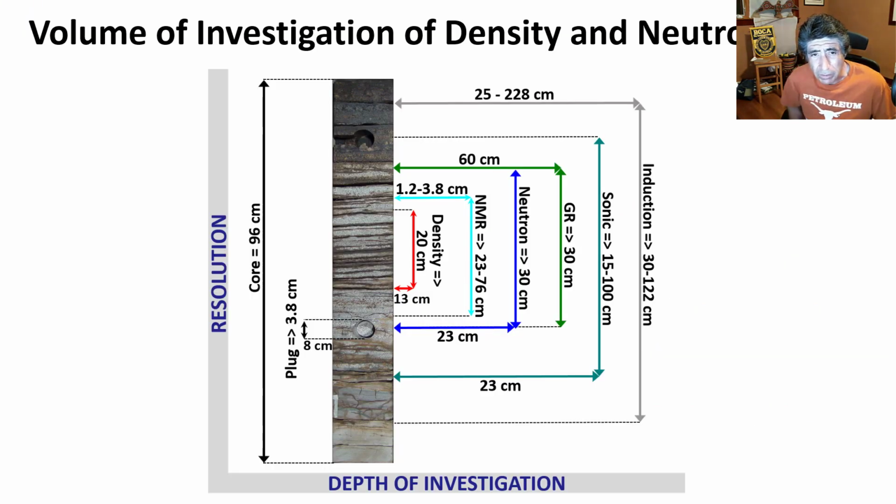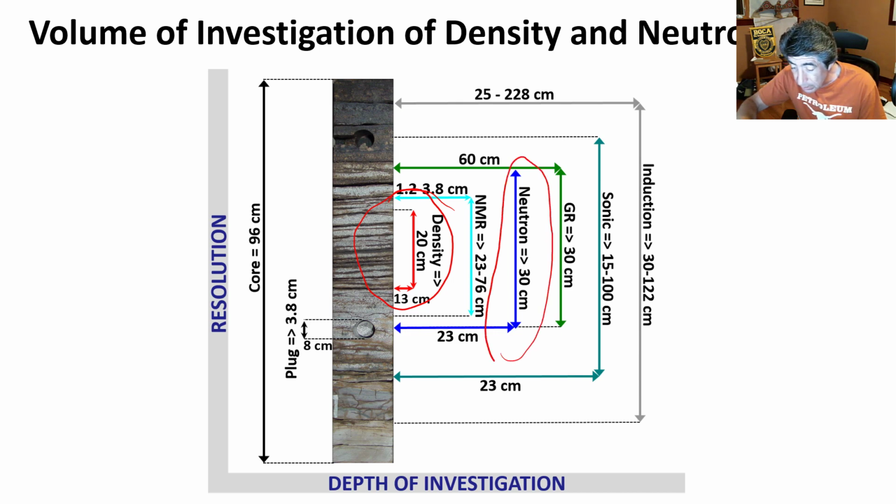The other thing that I want to mention is that because of the size of the pad and also because of the size of the tool, density logs have probably the highest resolution possible beyond the one that one can achieve with borehole imaging tools. And neutron is a little bit less resolution, 30 centimeters versus 20 centimeters in most cases.